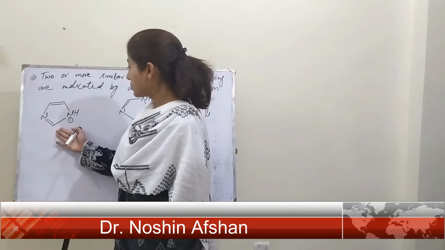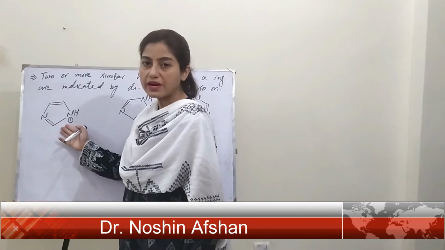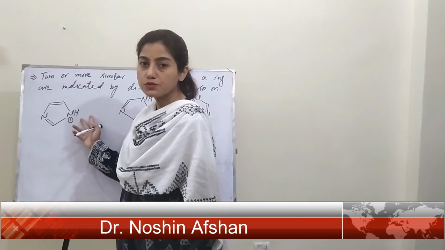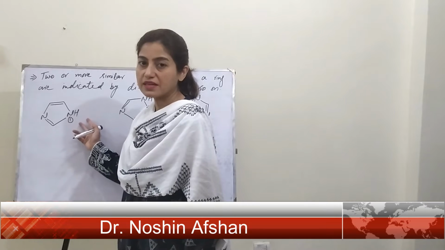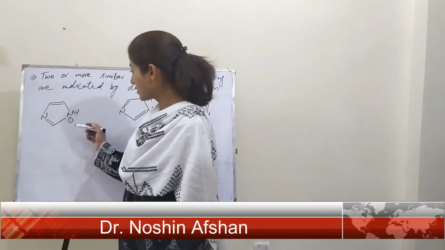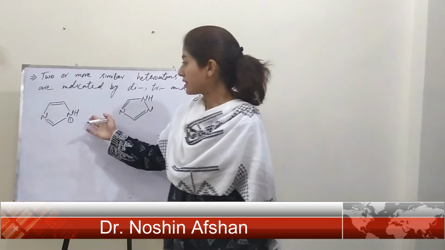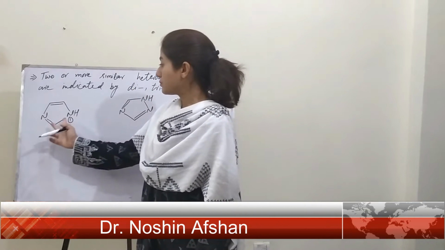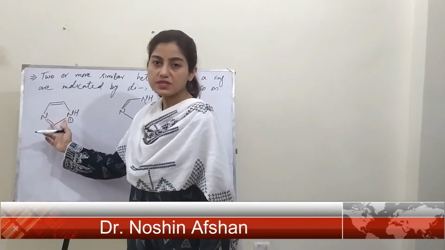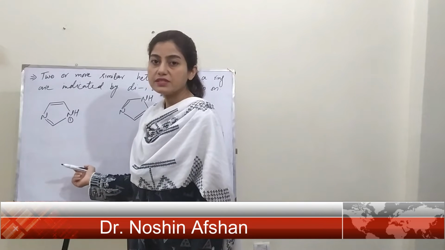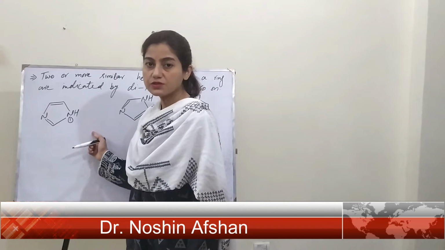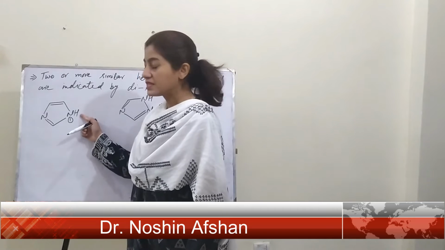We start from this one, a 5-membered heterocycle containing two similar atoms, that are nitrogen atoms. Here there is another rule: if both heteroatoms are similar, then we will start the numbering from the heteroatom which is saturated.